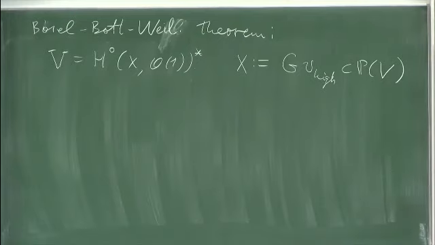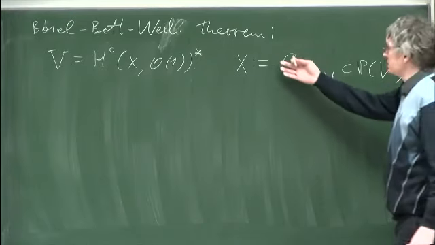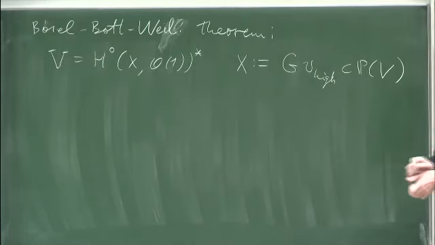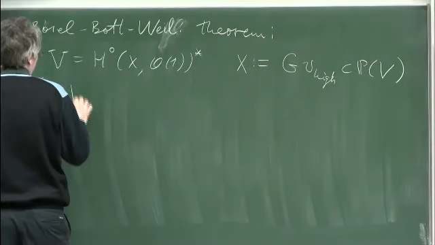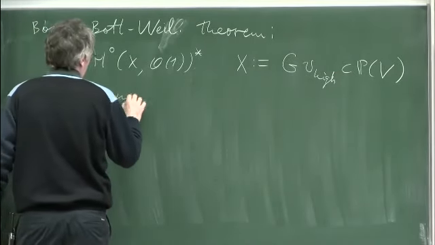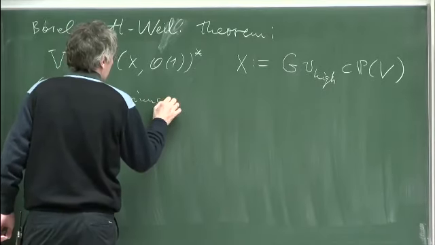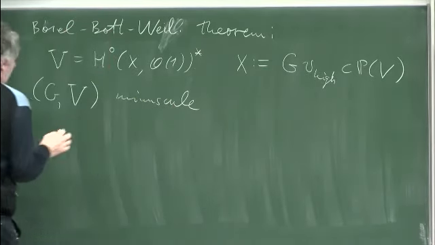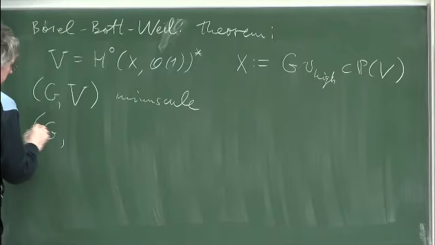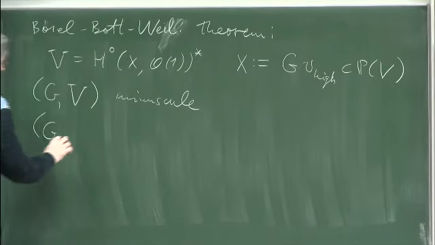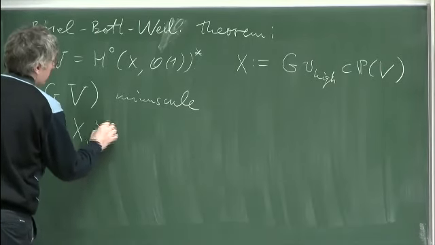Thank you. This is a construction which works for any irreducible representation, but we will apply it to minuscule representations. So a minuscule representation is a group with some representation. If we consider a variety, then we should consider three things: the group, the variety, and the line bundle.